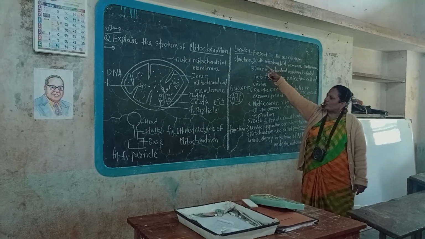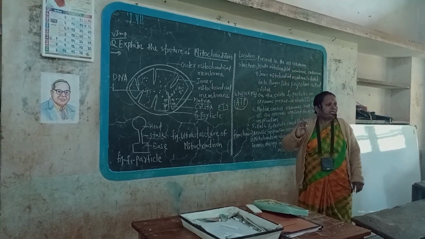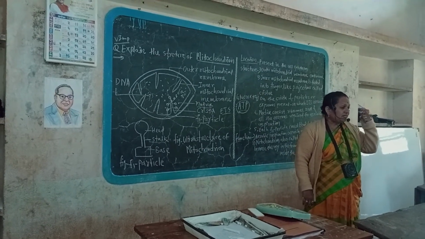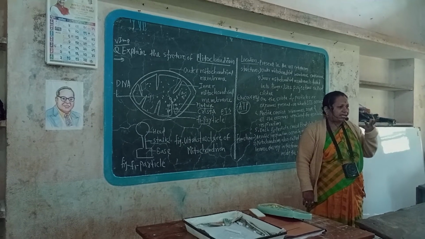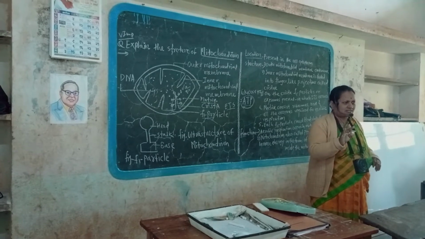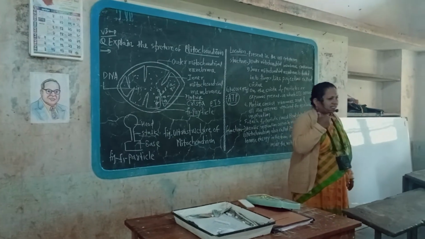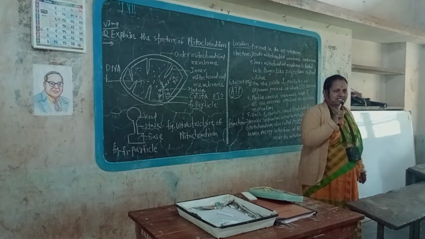What is the location of mitochondria? They are present in all cell cytoplasm, but the number is different in different areas. The organs that are most active inside our body, like the sense organs: eyes for vision, ear for sound, tongue for taste, skin for touch, and nose for smell.